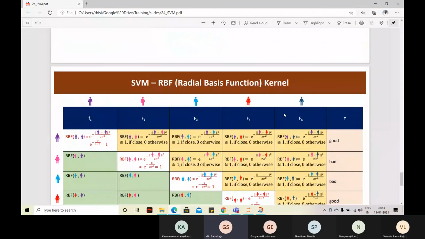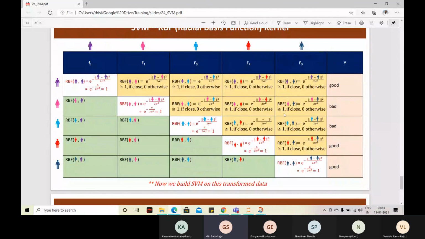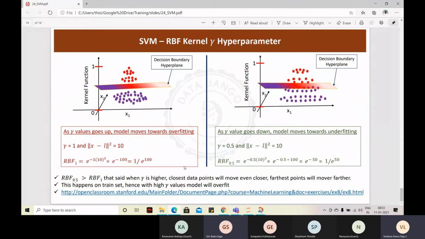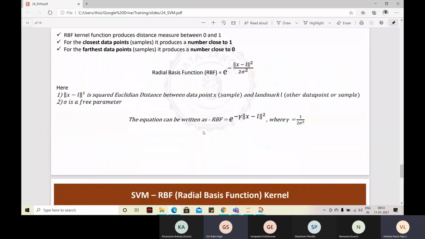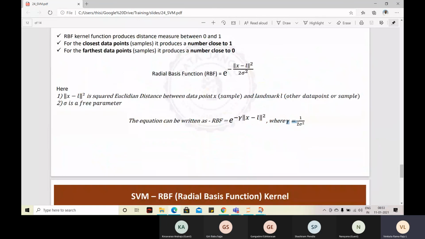Yes, sir. Actually, the calculations are not correct, sir. Can you please go to that gamma equal to 1 and gamma equal to 0.5? Sure, this slide. Here, in the RBF function for gamma equal to 1, the denominator should have been divided by 2 because it's 2 sigma square. 1 by 2 sigma square is equal to gamma. They actually folded everything into gamma.